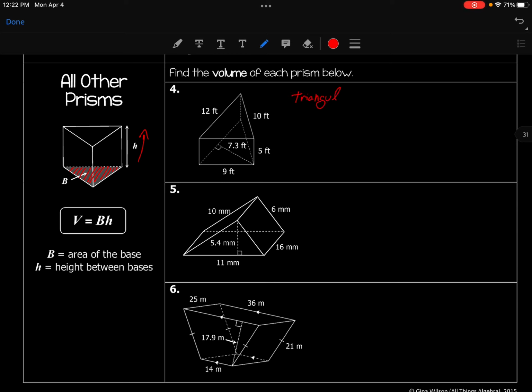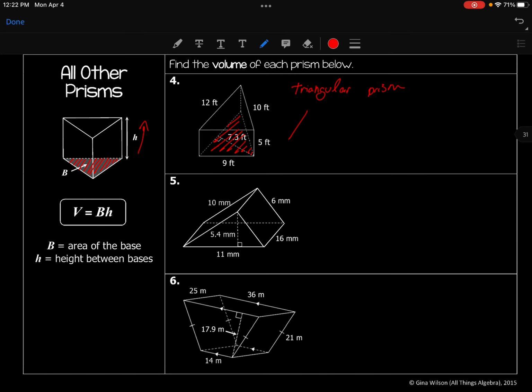The reason why we call this a triangular prism is because the base is a triangle shown here. Now, every single time you're looking to find the volume of a prism, draw out the base. In this case, the base looks something like this, where the height is 7.3 and the base is 12.